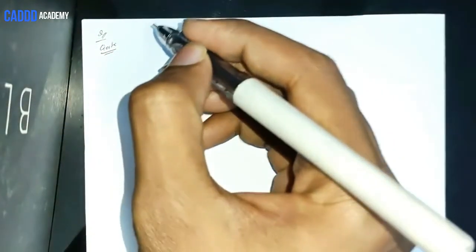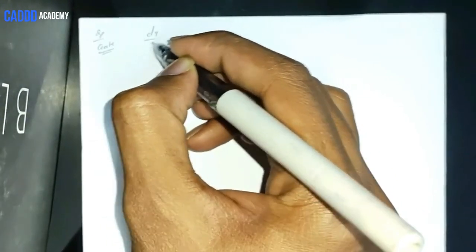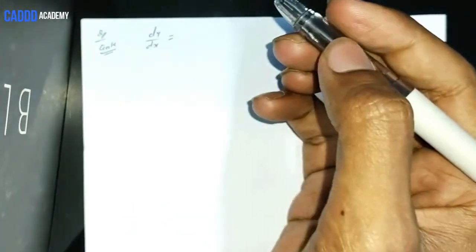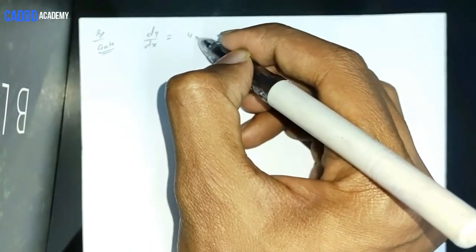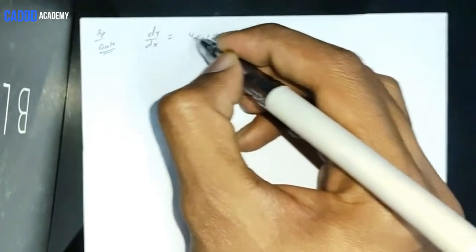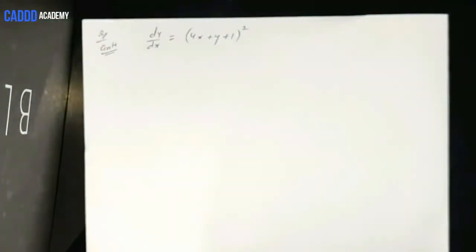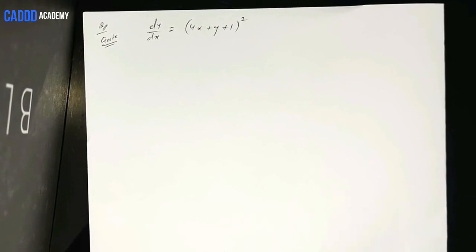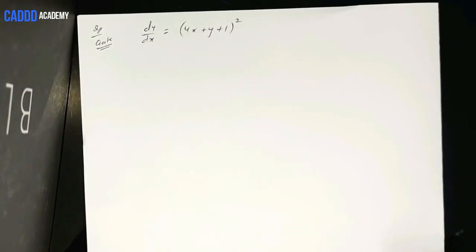So take the GATE problem, which is dy by dx is equal to (4x plus y plus 1) whole square. We'll reduce this equation into a variable separable equation.